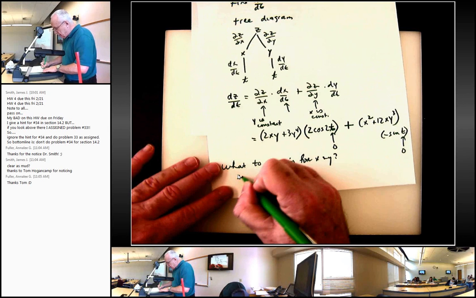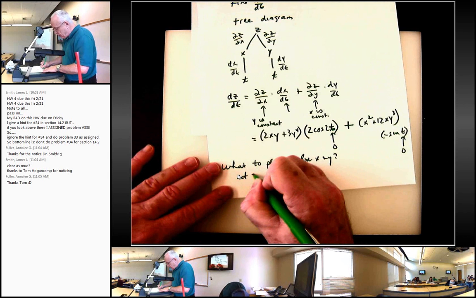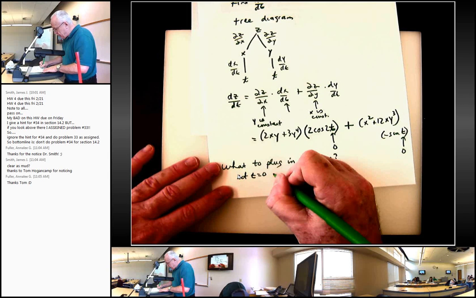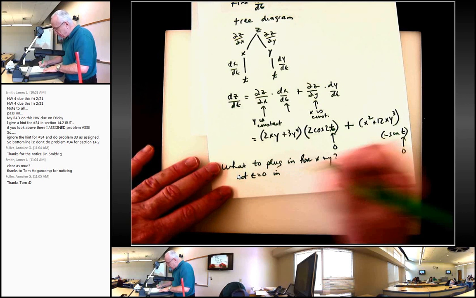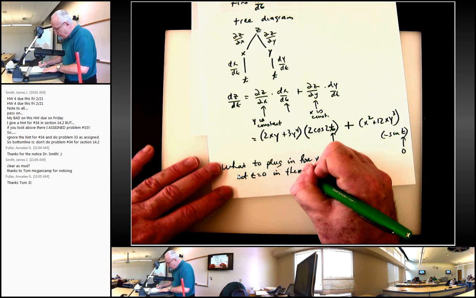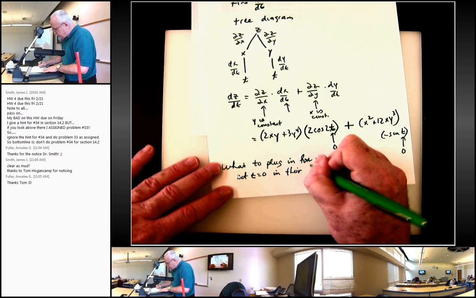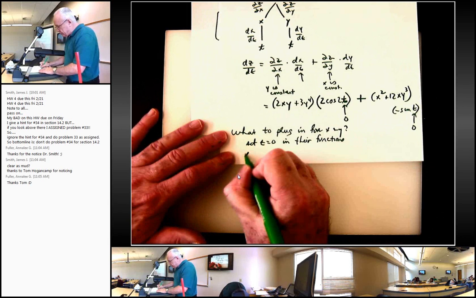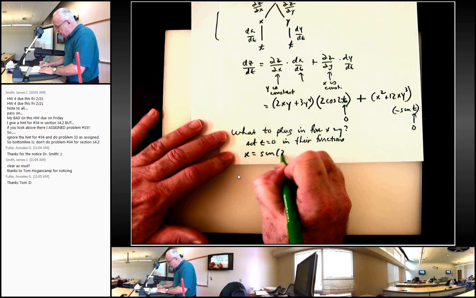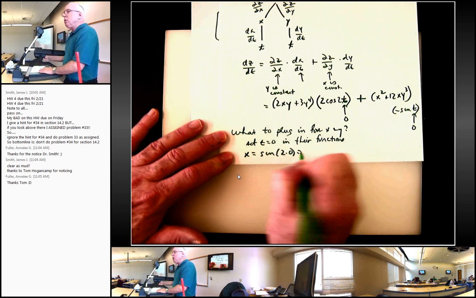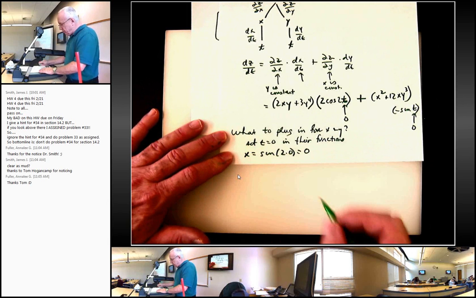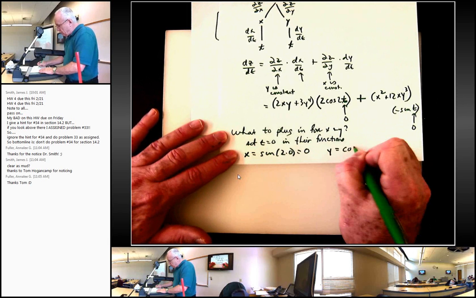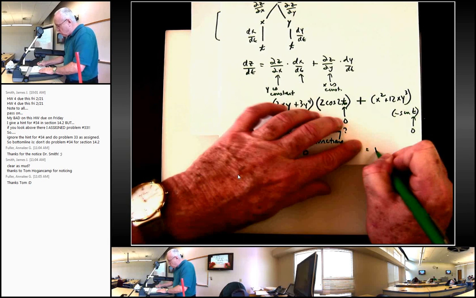So what to plug in for x and y? Well, just set t equal to 0 in their functions. So therefore, what do we have? x is then going to be equal to the sine of 2 times 0, which is the sine of 0, which is 0. y is going to be the cosine of 0, which is 1.